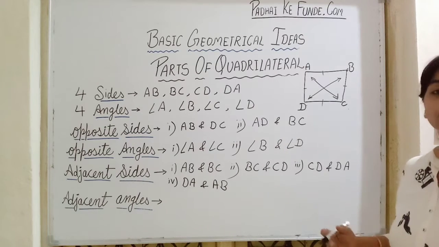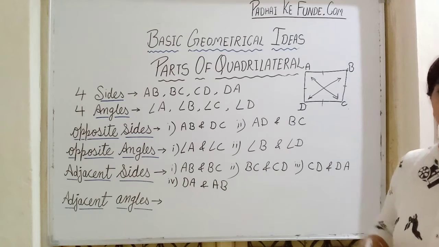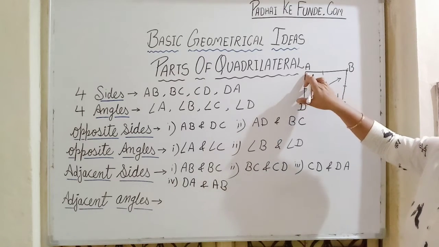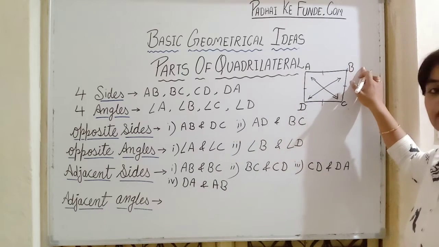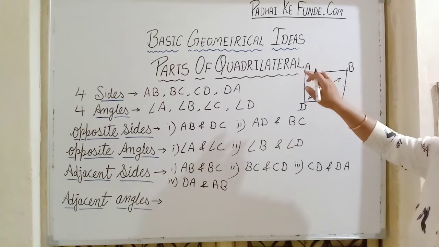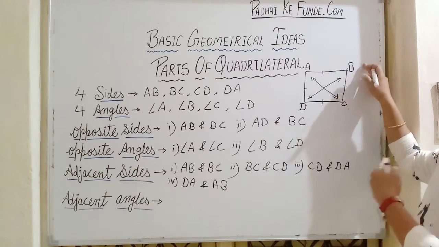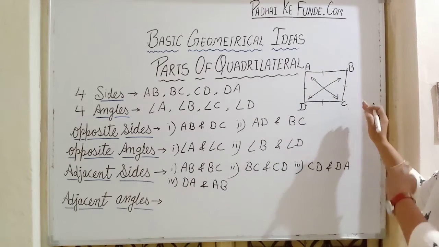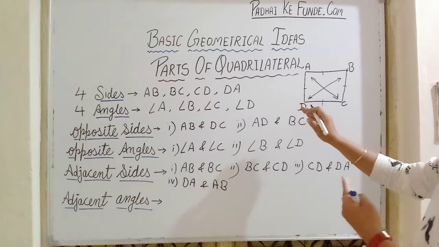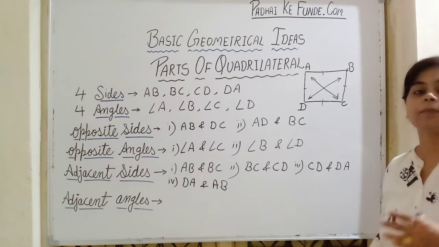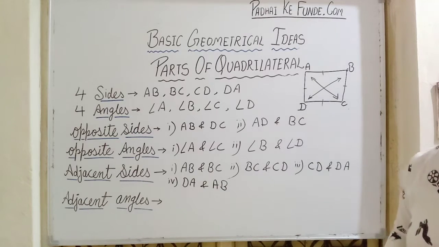Now next if we talk about adjacent angles, there also we have to follow the continuity. That is angle A, next to angle A is angle B. So the first pair of adjacent angles is angle A and angle B. Angle B and angle C. Angle C and angle D and next is angle D and angle A. In this way we will write the pairs of adjacent angles.